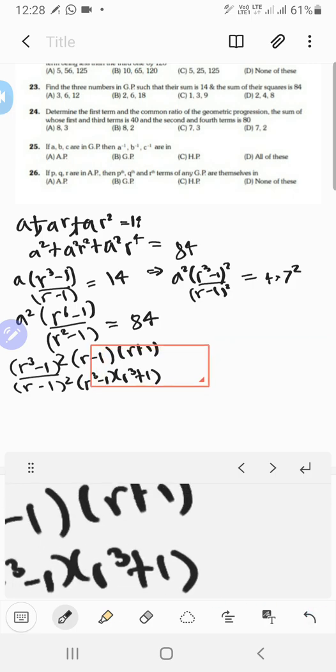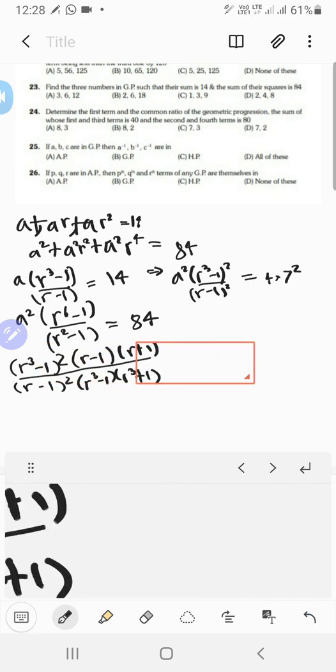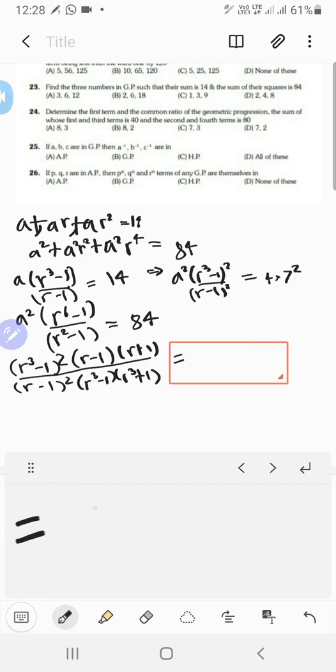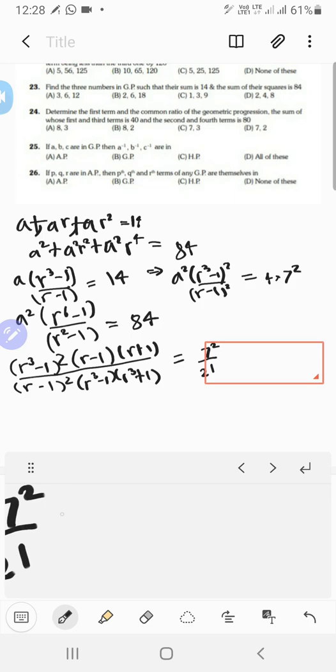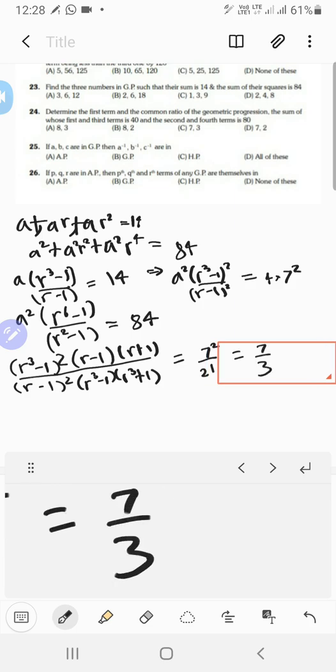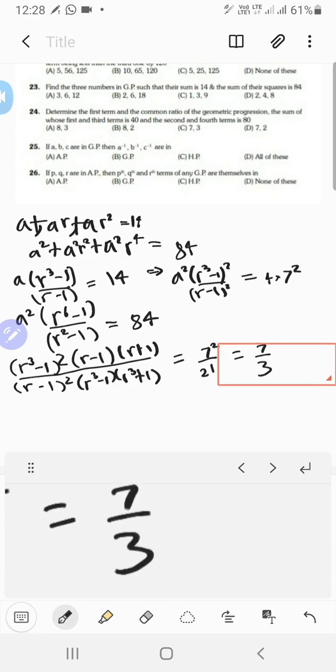And this is going to be 4 into 7 squared upon 84, which is just 7 squared upon 21, which is 7 upon 3. I think we have done this exact question once.